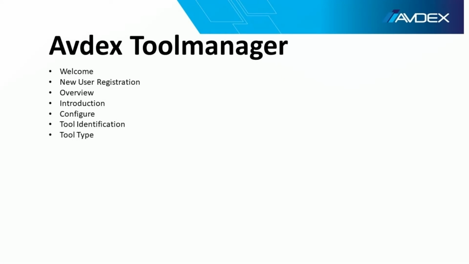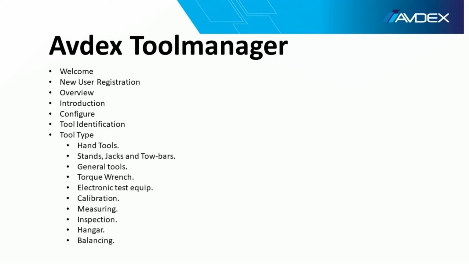Tool type. Tool types further subdivide tools into categories for which the tool will be used. Hand tools. Stands, jacks and tow bars. General tools. Torque wrench. Electronic test equip. Calibration.